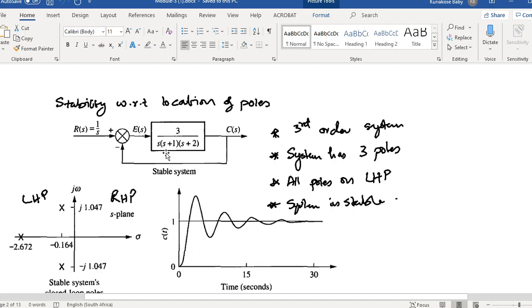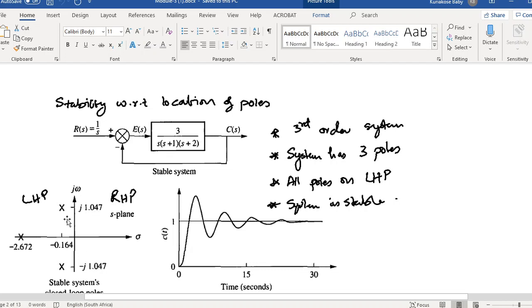If you use your calculator, you can find out what the roots of this equation are. You first need to multiply this out, so this becomes s square plus 2s plus 2 into s. If you take the roots of this equation, you will see that it has 3 poles. The first pole is lying at minus 2.672 and the other 2 poles are lying at minus 0.164 plus or minus 1.047j.